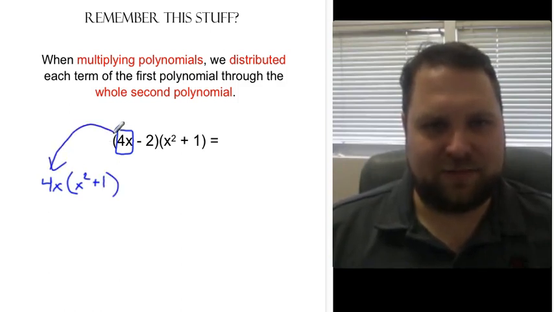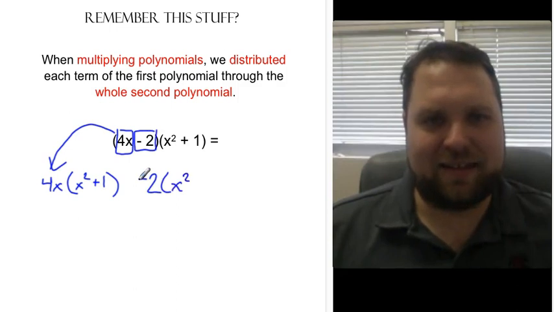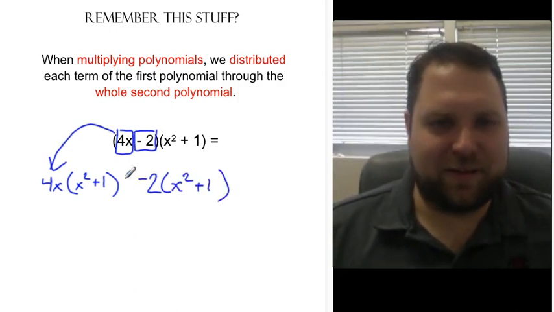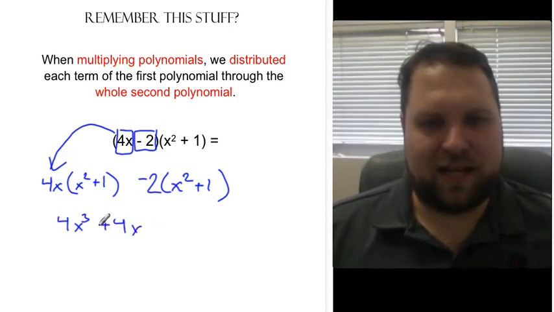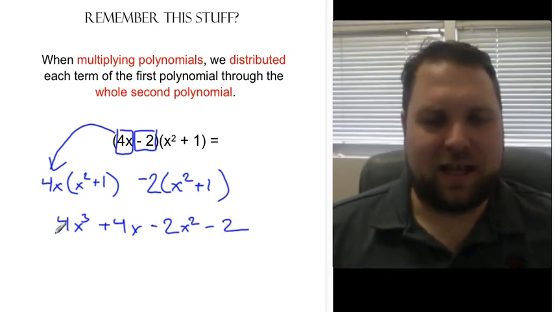So this 4x went right there, and then I would take the next term and I would distribute that throughout the entire polynomial. And when I would multiply this out, that would give me my final answer. 4x times x squared would of course be 4x cubed plus 4x minus 2x squared minus 2. And now I've multiplied that thing out. So it's just the distributive property twice.